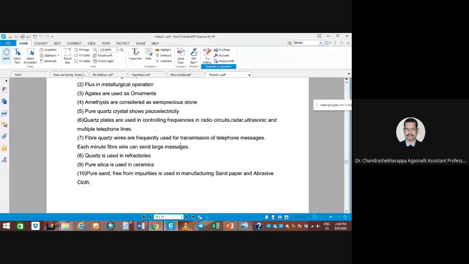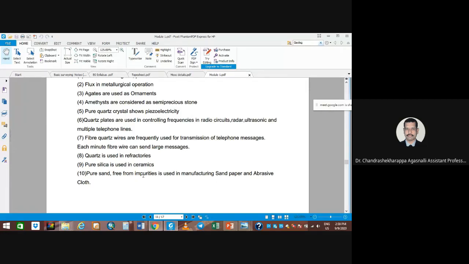Okay, and it is also used especially in refractory bricks, high heat resistant bricks and products manufactured with this quartz, because its hardness is high. So above 6, the hardness is always high. Pure silica is used in ceramic products, manufacturing ceramic and sanitary products. Pure sand, free from impurities, is used for manufacturing sand and abrasive cloths.